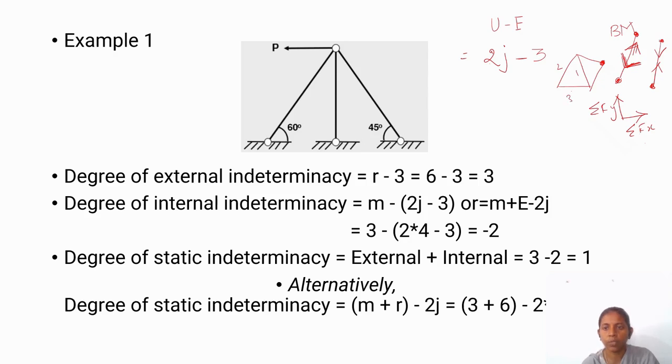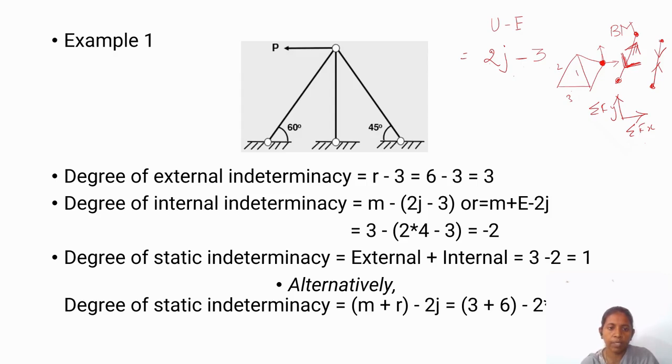So this joint is considered. So 2j is from having summation of Fx equal to 0 and Fy equal to 0. Hence it is 2j. Minus 3 means it is deducted from the basic number of elements. So each additional joint requires this type of equilibrium equations and unknowns.